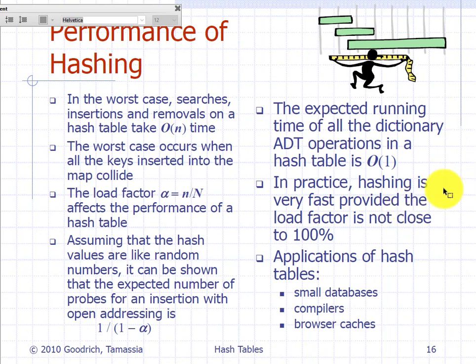So this last slide just talks about computational complexity. Now we could be harsh and we could say, in the worst case, searching, inserting and removing in a hash table is O(n).